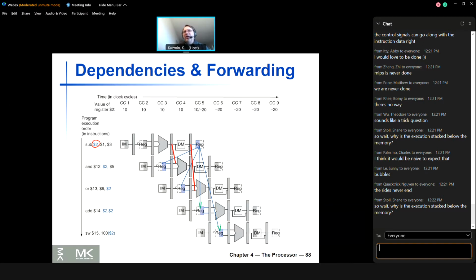When it's left to right, it's forward in time, so there is never an issue, and there's nothing we need to do about it. If our dependencies go backwards in time, then it's a problem. This one goes from right to left in time, and this one goes from right to left in time.